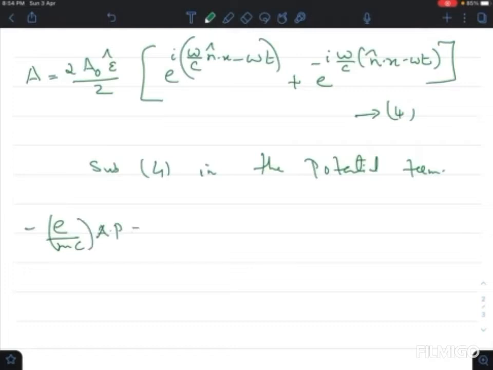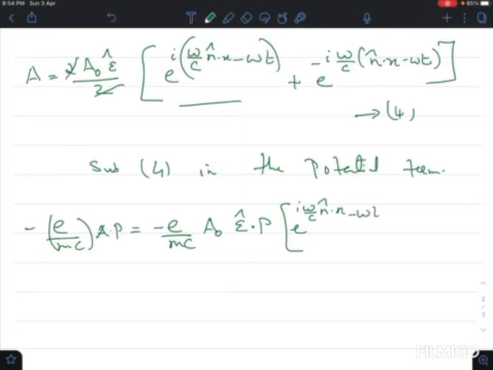So that is minus e by mc; you have this A0, the 2 gets cancelled, then the vector epsilon dot p, times e raised to i omega by c n dot x minus omega t plus e raised to minus i omega by c n dot x minus omega t. This I'll put as equation number 5.